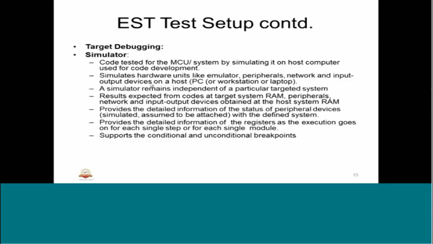So that is cross compilation. So we do the cross compilation of the code and place it in the host system RAM. That means the host system will have the compiled code. Then the behavior of the target system processor registers are all simulated with this simulator.